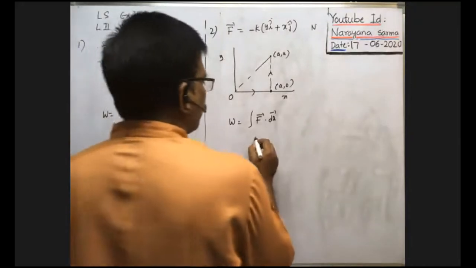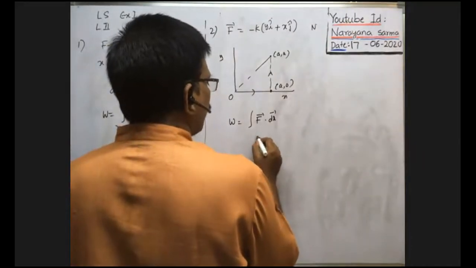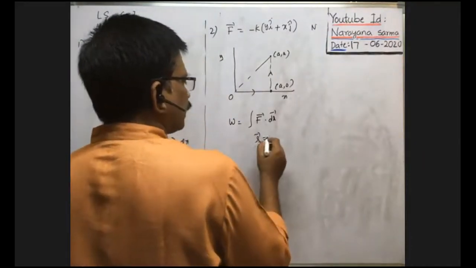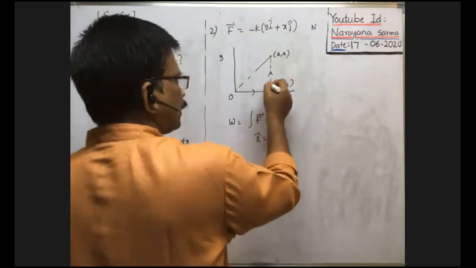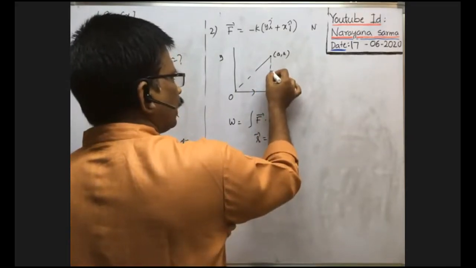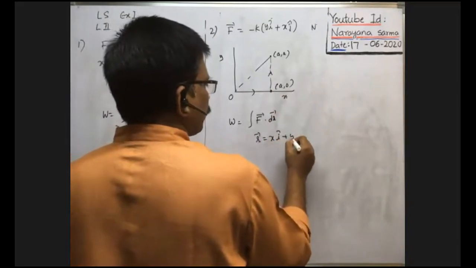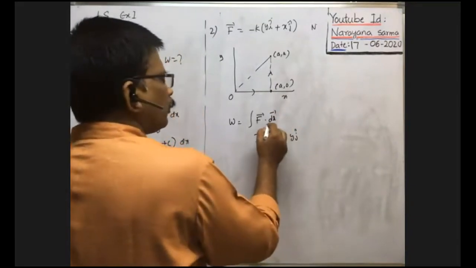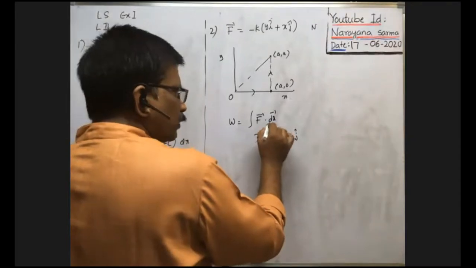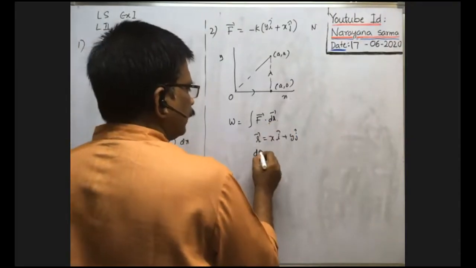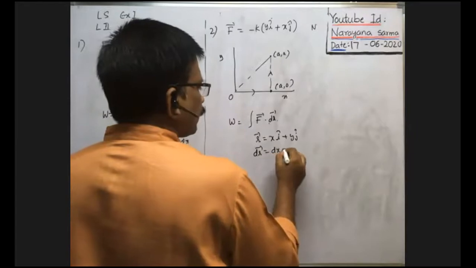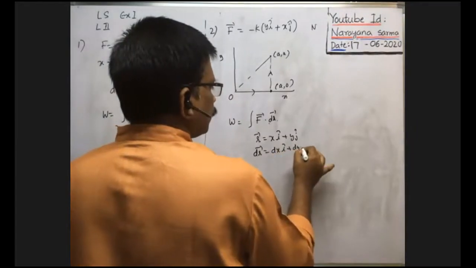F bar is given. What about dr bar? R bar is, we know, the position vector of the particle. Suppose when the particle lies at any point here, whose coordinates are (x, y), the position vector we can write as x i cap plus y j cap. Now for the small displacement in the position vector, dr bar we can write as dx i cap plus dy j cap.